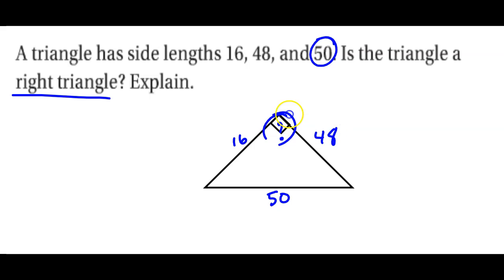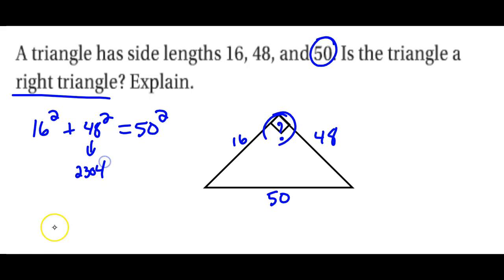So if this is a right angle, then the Pythagorean theorem will work out here. 16 squared plus 48 squared will be equal to 50 squared. So this is 256. This is 2,304. This is 2,500.